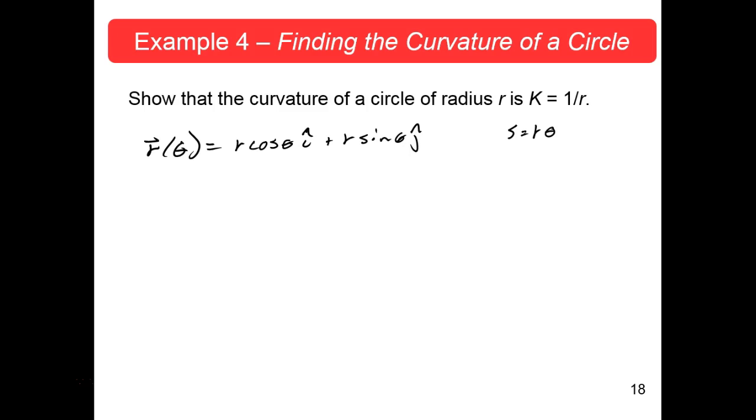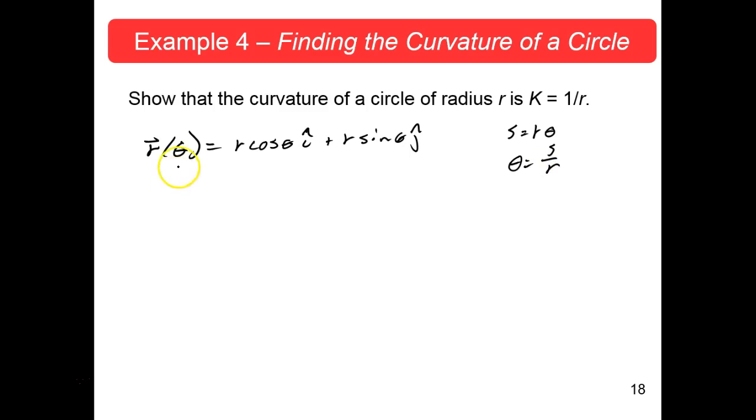So then if theta was equal to s over r, then s is equal to r theta. Well, then I think we really do want it in the other form. So let's rewrite this as theta is equal to s over r.